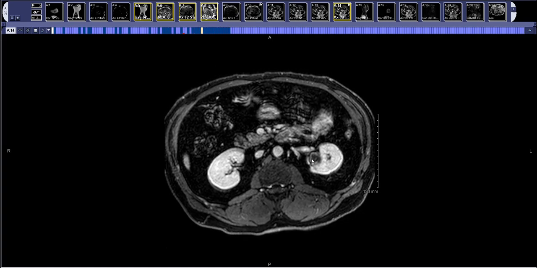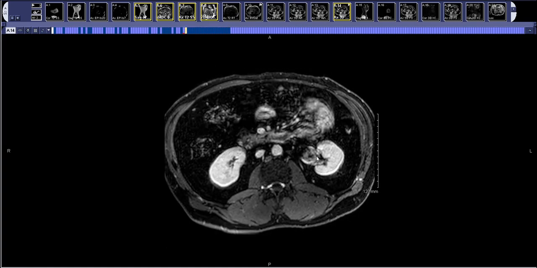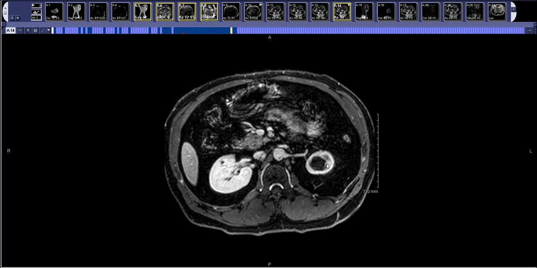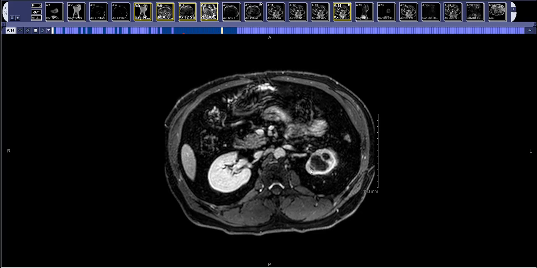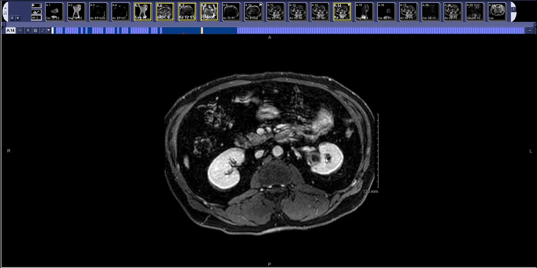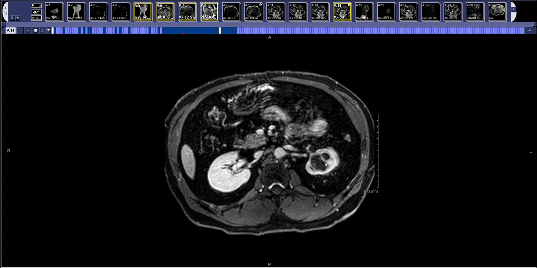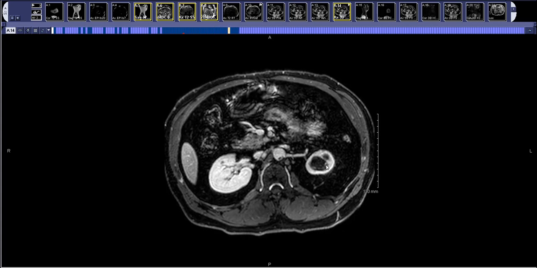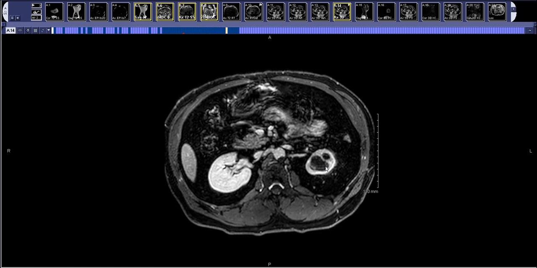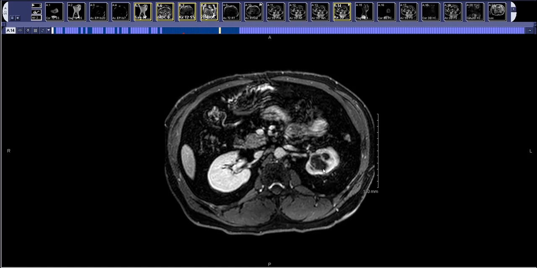So we can see that that mass clearly enhances, and it also looks like there are nodular enhancing components within the dilated calyces. So this appearance is most consistent with a transitional cell carcinoma, and these nodular foci within the calyces are concerning for tumor extension versus some complex debris within the dilated calyx.